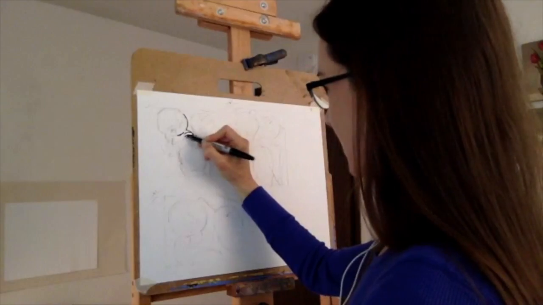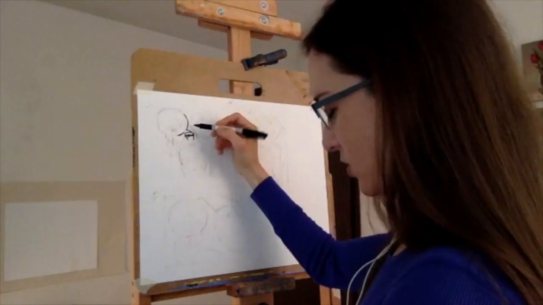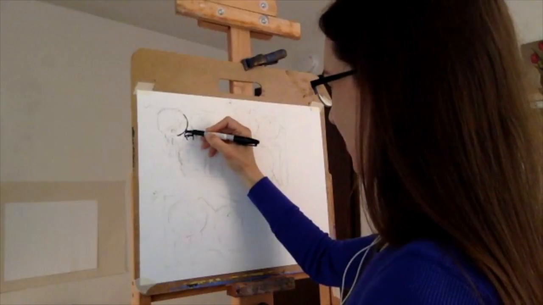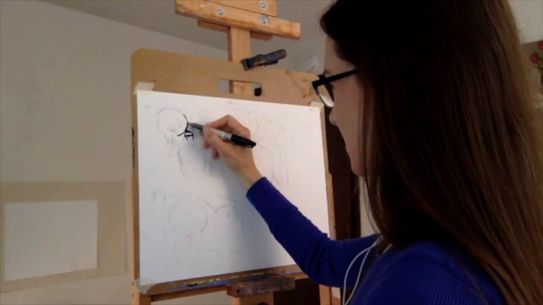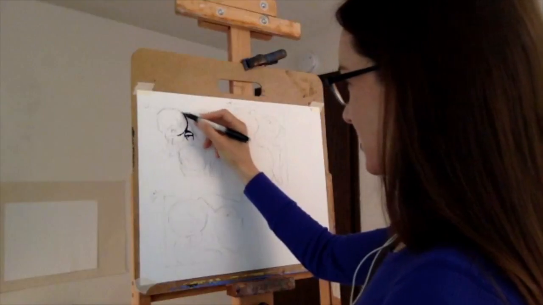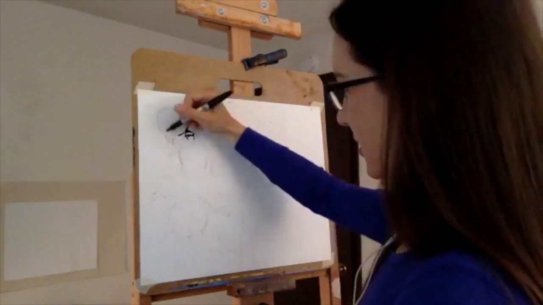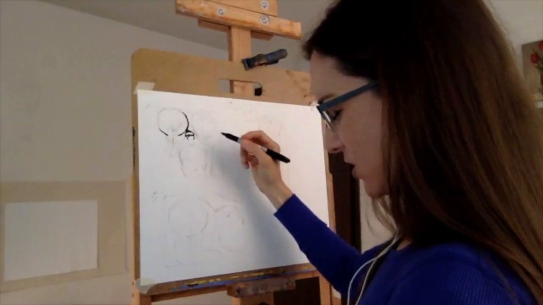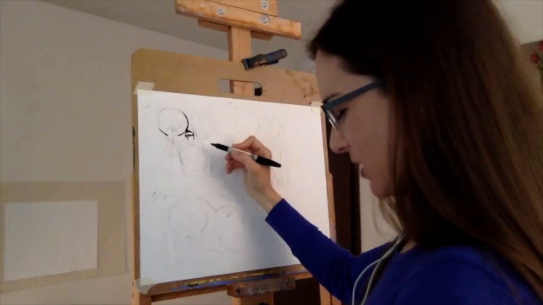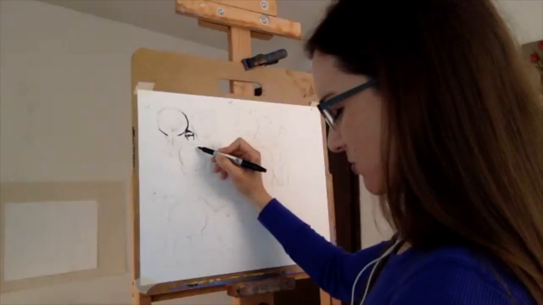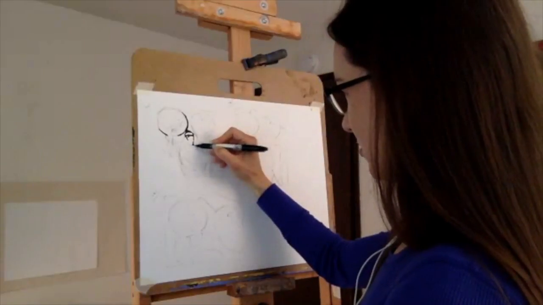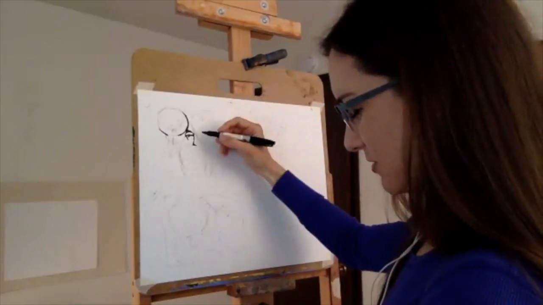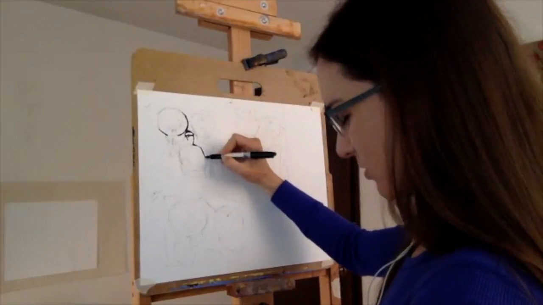And one reason I like to use Sharpie, and I often will use ballpoint pen for these studies instead of a pencil for the initial block in, is that you can't erase it. I didn't want to use ballpoint pen for this though, because you can't use ballpoint pen on a vertical surface. Ballpoint pen only works lying down on the ground.